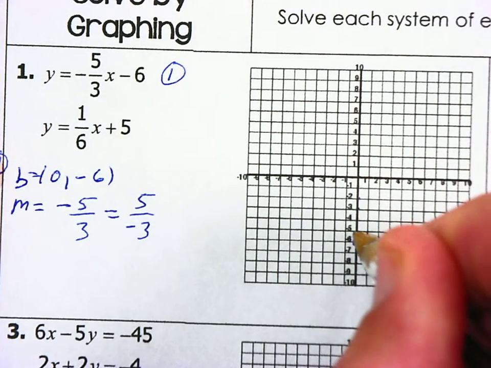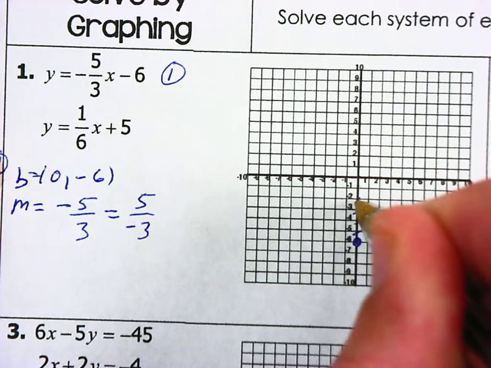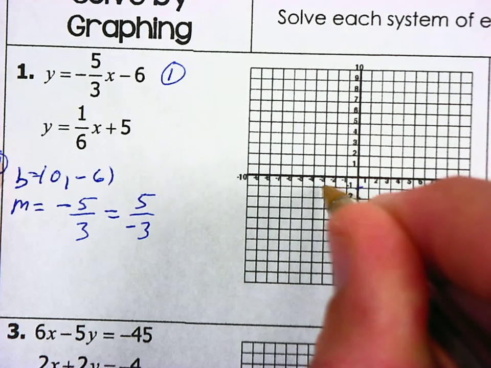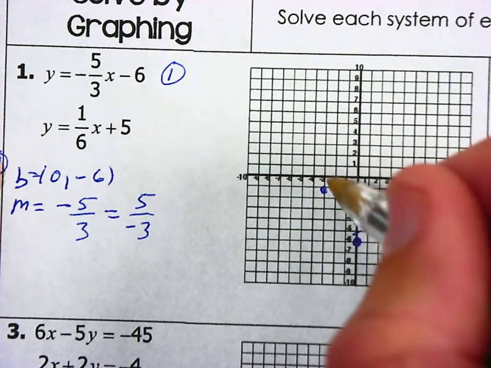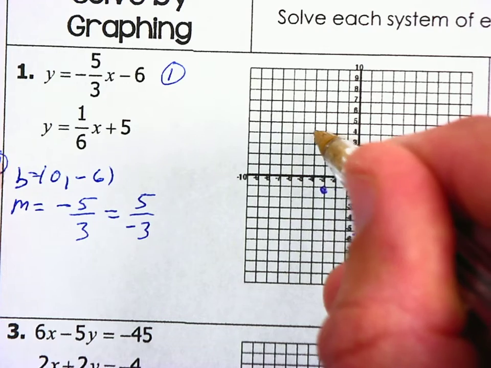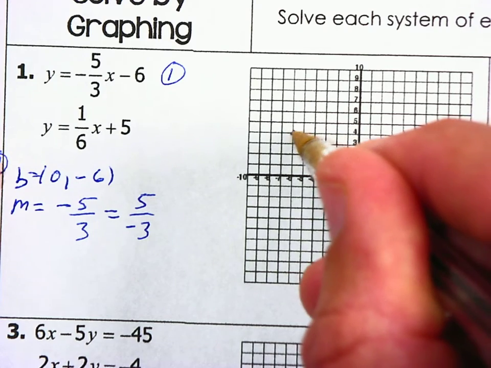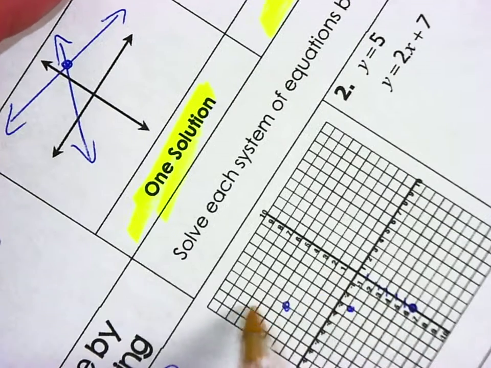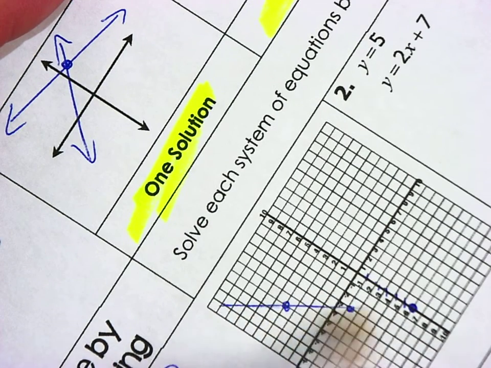So let's try that. We're going to go 1, 2, 3, 4, 5, but this time we're going to go left 1, 2, 3. All right, and I'm just going to do it one more time. I'm going to go up 1, 2, 3, 4, 5 over 1, 2, 3. All right, and then I'm going to connect those 3 points as nice as I can.